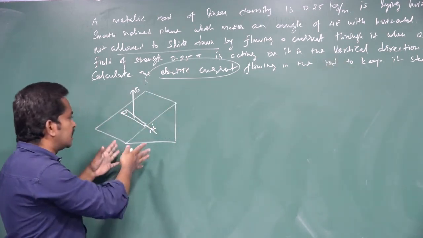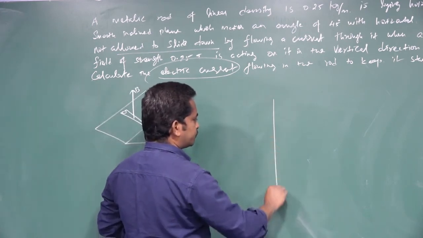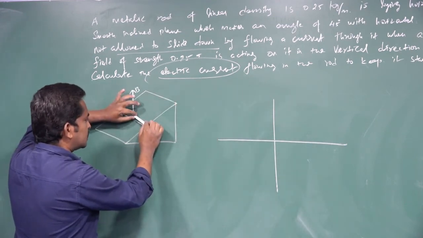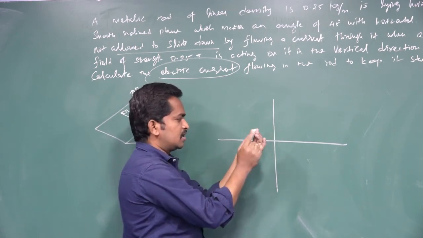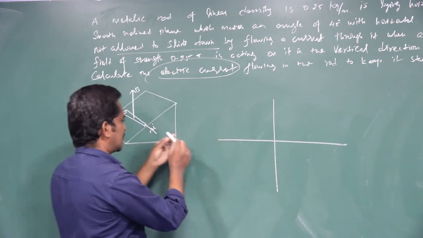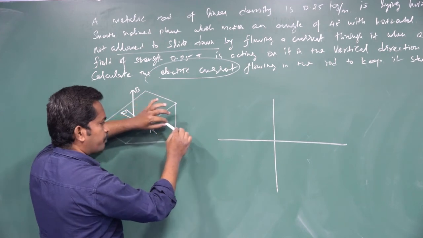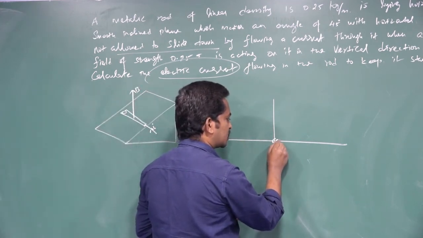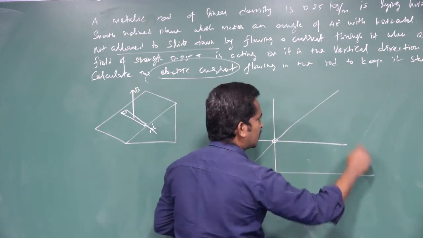First I want to draw the free body diagram. Consider the rod on this inclined plane, with the current flowing in this direction. The conductor is placed in this direction on the inclined plane.